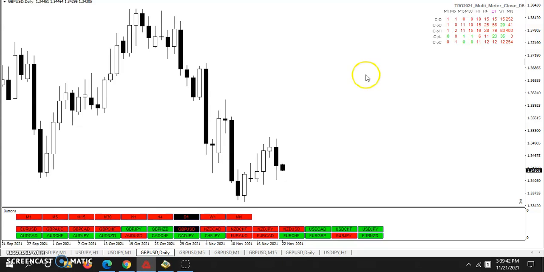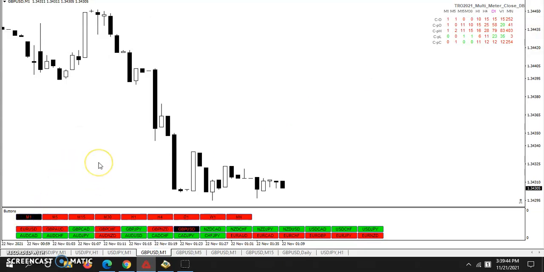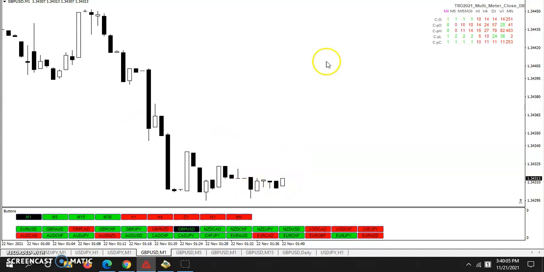So usually I'm on the 1 or 5 minute chart, and sometimes I want to know what's going on, say on the H4 or H1 or D1 charts, or just to get an idea. So I've got these indicators up in the top right hand corner, but usually I'm focusing my attention on the chart, on the candles down here.